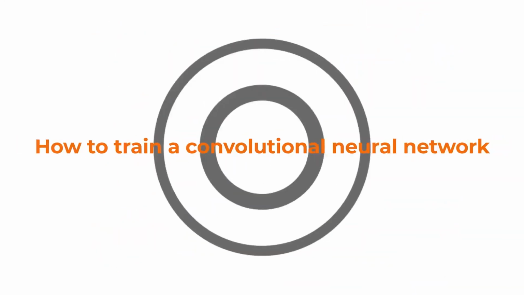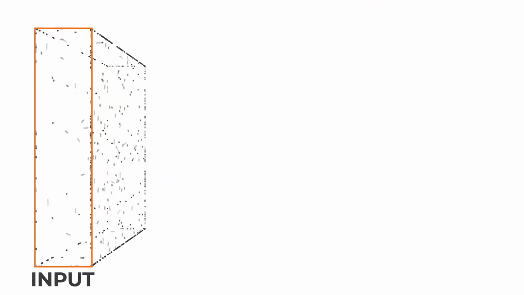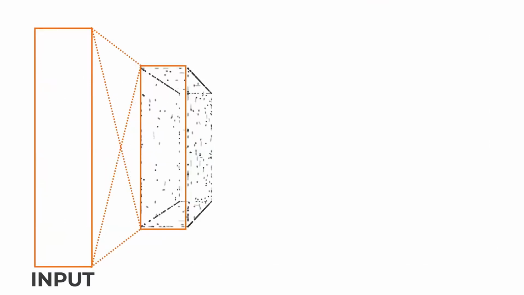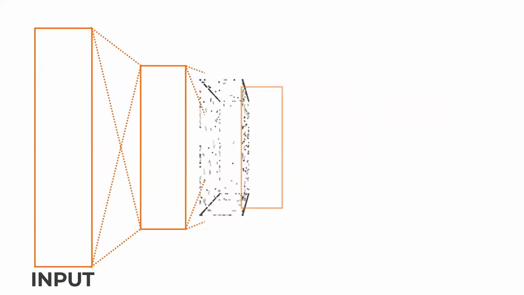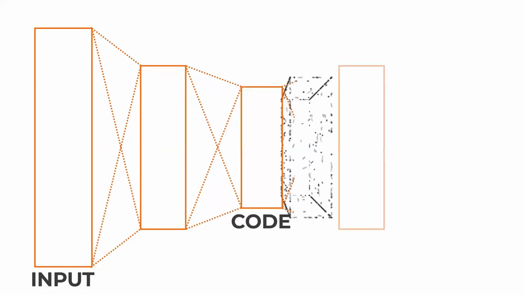There are a number of ways you can train a convolutional neural network. If you're working with unlabeled data, you can use unsupervised learning methods. One of the most popular ways of doing this is using autoencoders. This allows you to squeeze data into a space with low dimensions, performing calculations in the first part of the convolutional neural network.